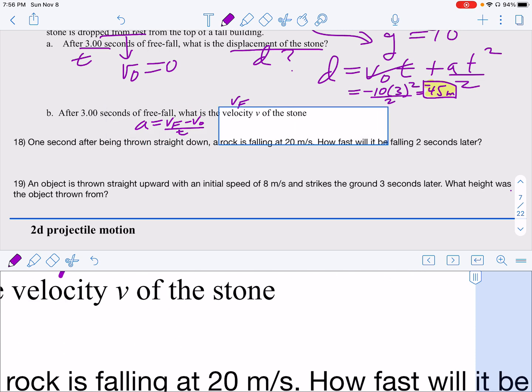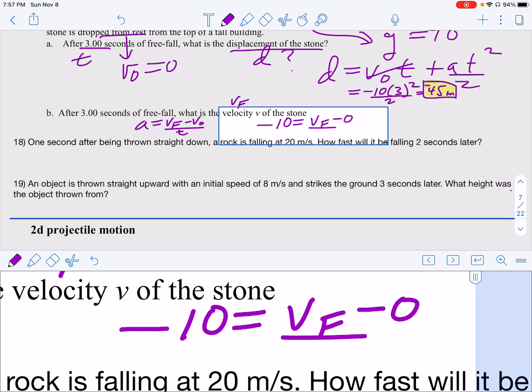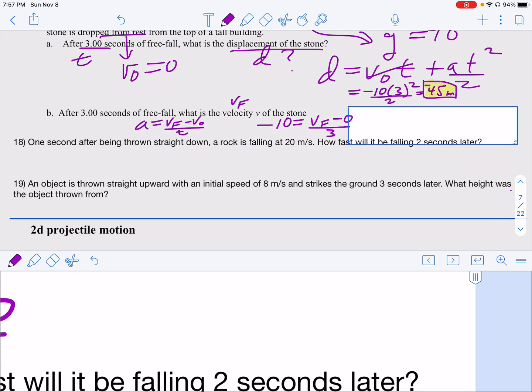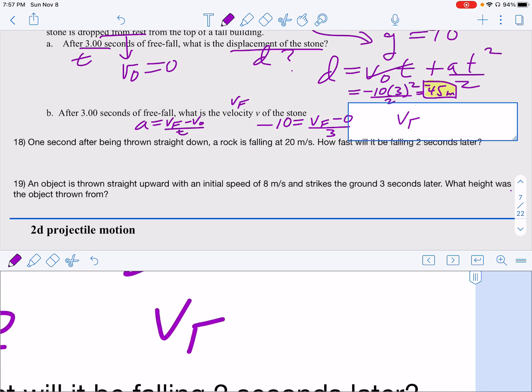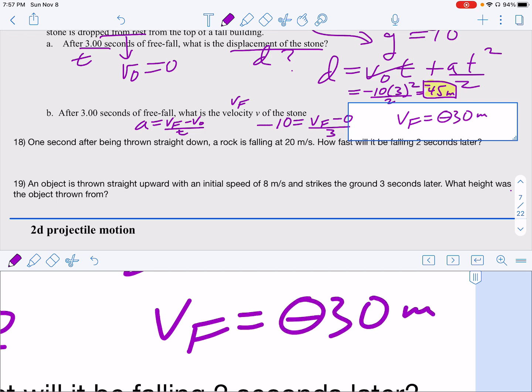So -10 is equal to VF, that's what I'm looking for, minus VO over 3. So kind of easy. VF is -30 meters per second. Why is it negative? Because it's going down.